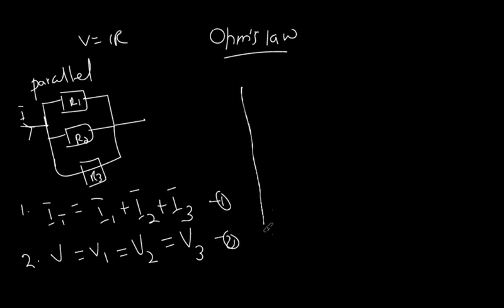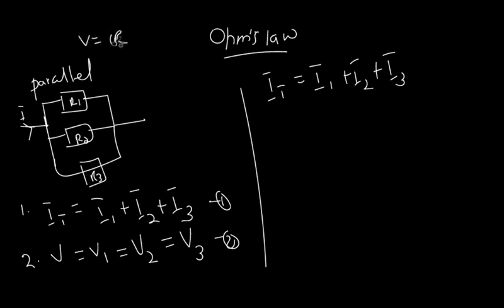Now if this is the case, then we can derive an expression for how to get the total resistance of the resistors we have in the circuit if they are connected in parallel. So let's use equation 1. We have our I total, which is the total current, equal to I1 plus I2 plus I3. Now this is beautiful. From Ohm's law, we know V is equal to IR.